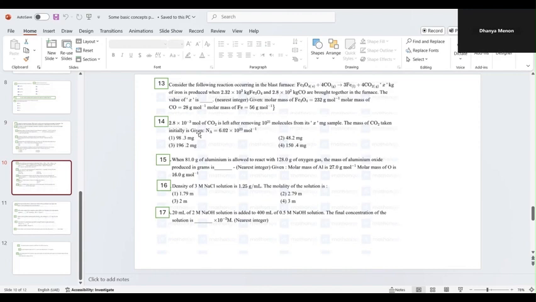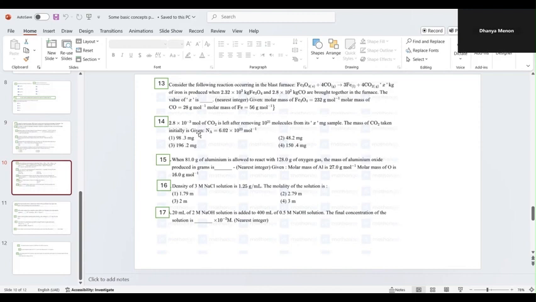Now, in this, X kg of iron is produced, when 2.32 times 10 raised to 3 kg of iron oxide and 2.8 times 10 raised to 2 kg of carbon monoxide react.